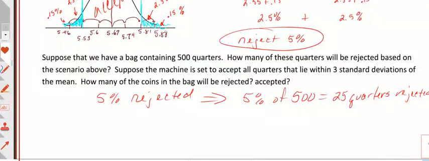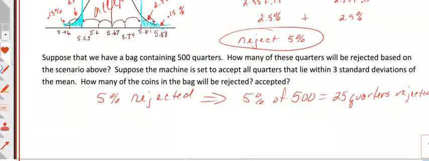Okay. So now let's take this one step further. Suppose the machine is set to accept all the quarters that lie within 3 standard deviations of the mean. How many would be rejected then?